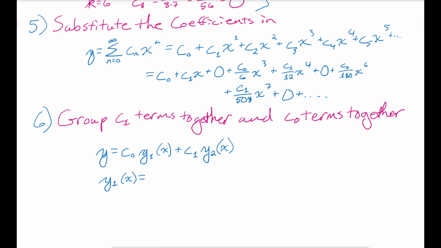So it's going to equal 1 plus x cubed over 6 plus x to the 6th over 180, and so on. And we know that y2, the things with the c1s, look like x plus x to the 4th over 12 plus x to the 7th over 504, and so on.